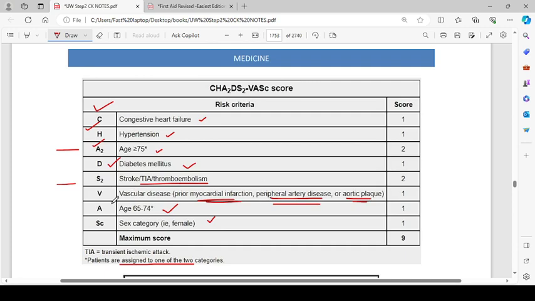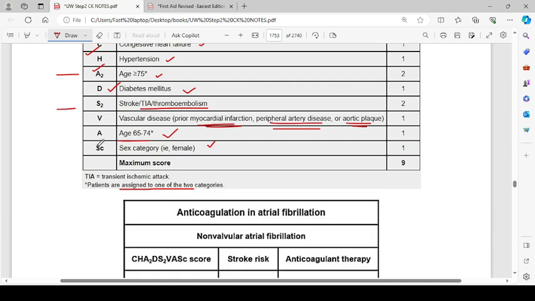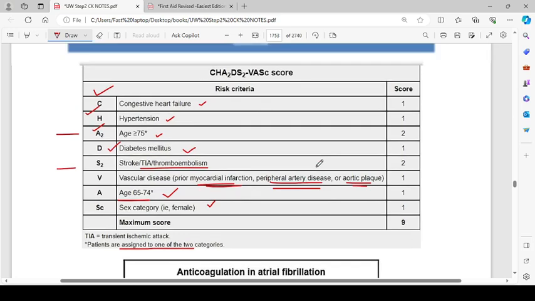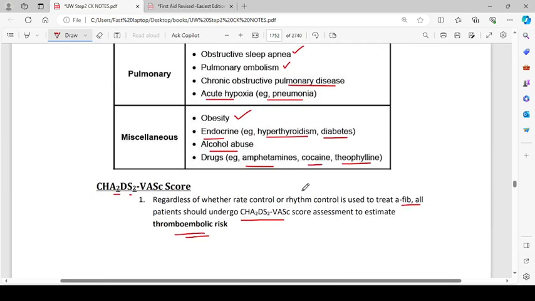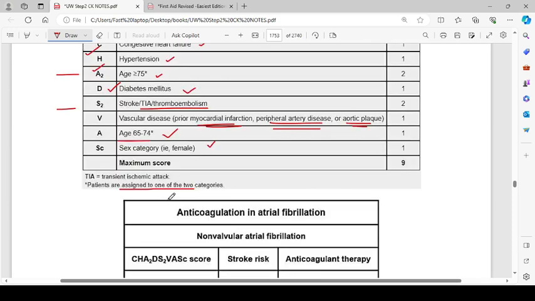Then age 65 to 74, and sex category, that is female. So these are the CHA2DS2-VASc categories, and age more than 75 and stroke or TIA have a score of 2. All patients should undergo CHA2DS2-VASc score assessment to estimate the thromboembolic risk. So the CHA2DS2-VASc score tells us about the risk of thromboembolism.